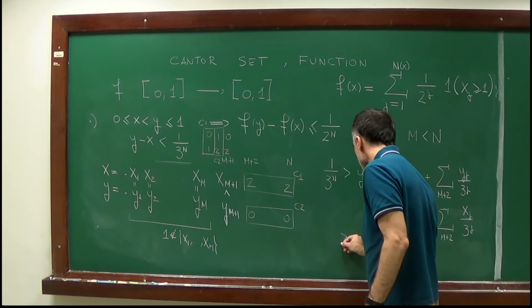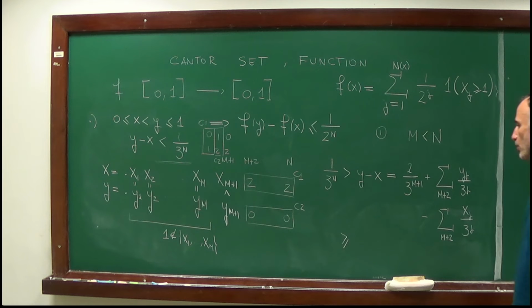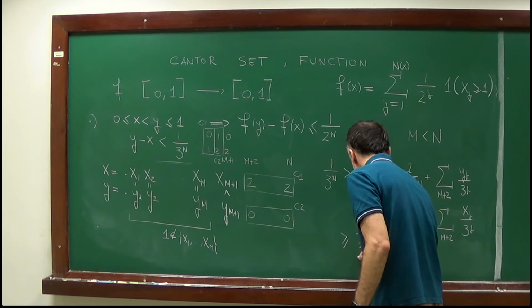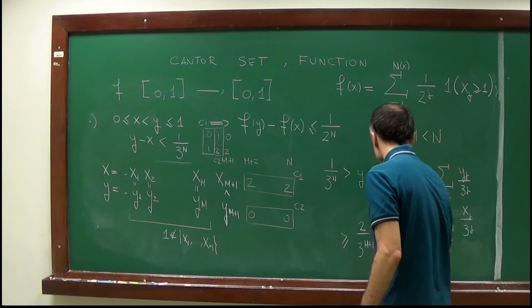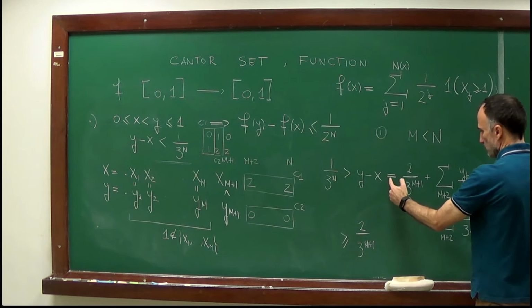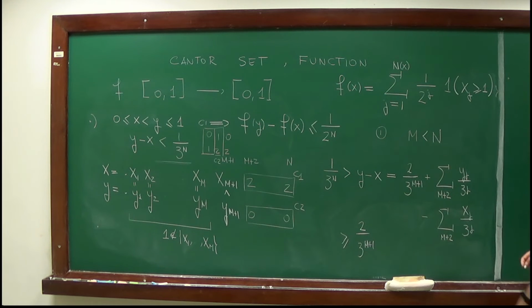I want to bound that from below. So this expression here is positive. Let me keep 2 divided by 3 to the power m plus 1. So this term is bounded below by this one if I just neglect that one.